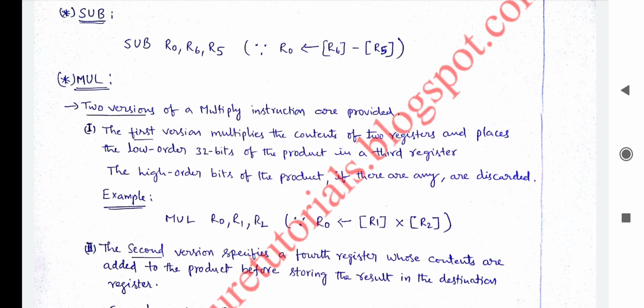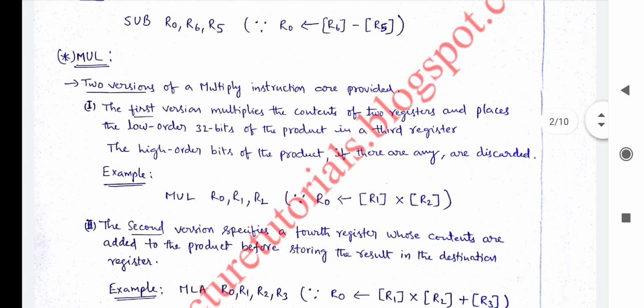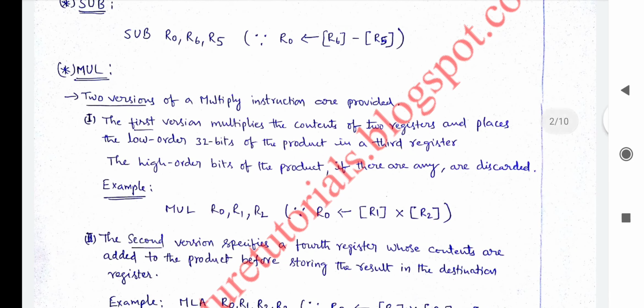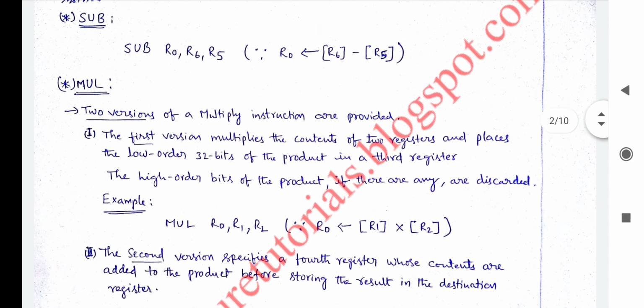That means the content of R5 is subtracted from R6 and the result is stored in R0. Okay, subtraction.